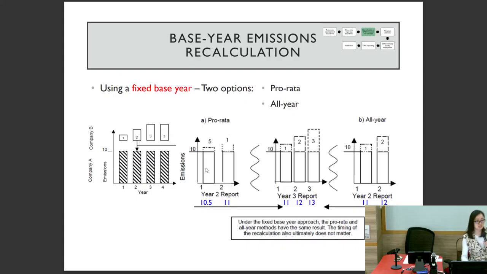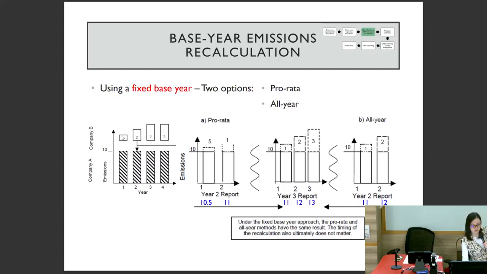And for the base year, it is just the same, also by pro rata. Although in year 1 company A has not bought company B yet, because the acquisition happened in year 2, we want to recalculate the emissions in year 1, so for year 1 it is also by pro rata.